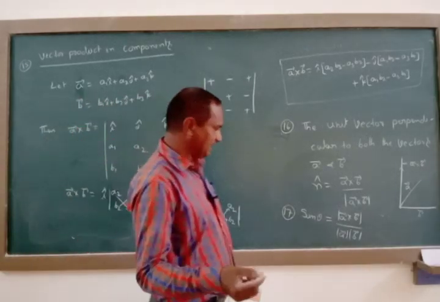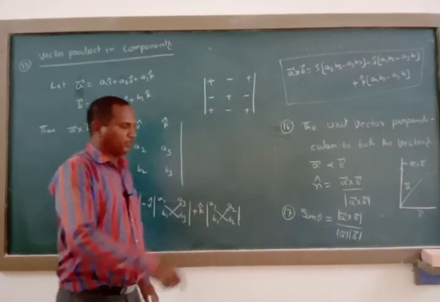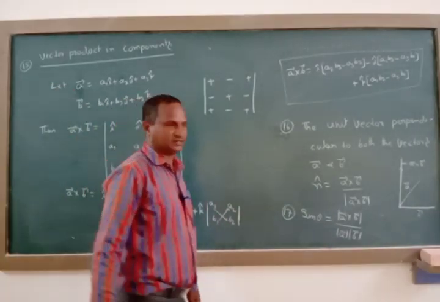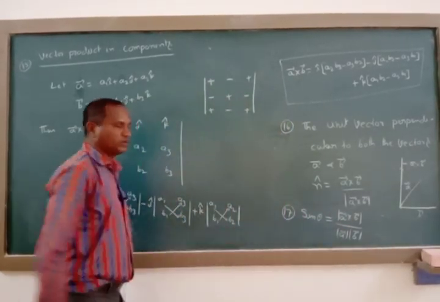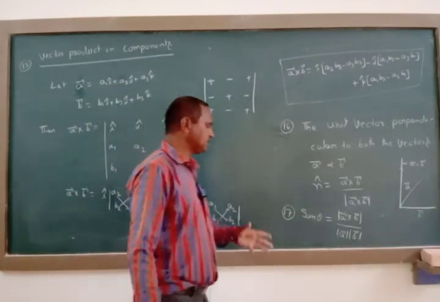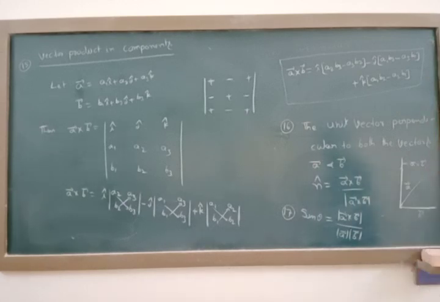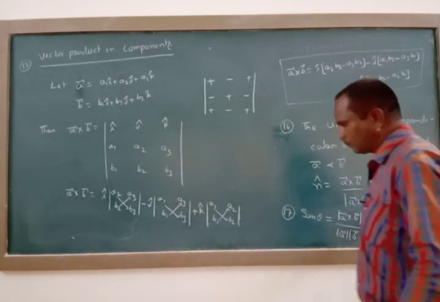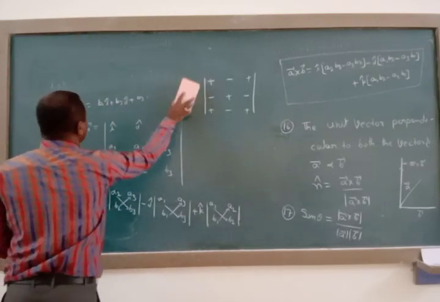Otherwise, if they give the value of the cross product, we have to apply that formula to find the angle between the two vectors. Whenever dot product is given, at that time we have to apply the cosine function. These are the 17 points, and these 17 conditions are very useful to solve problems in vector product or cross products. Now let us start the problems on vector product or cross products of the two vectors.